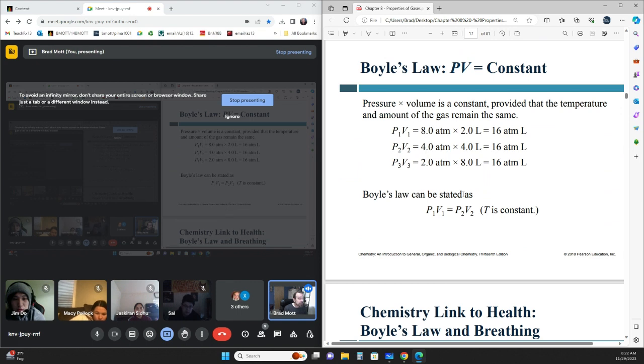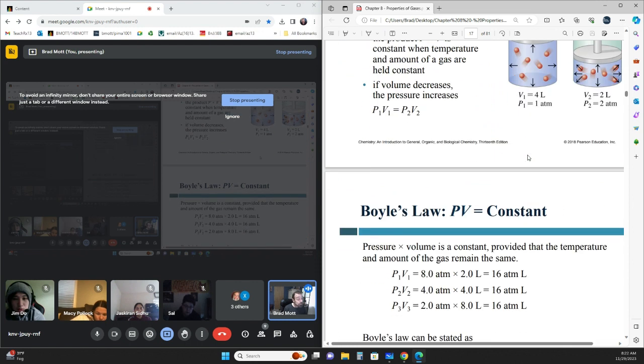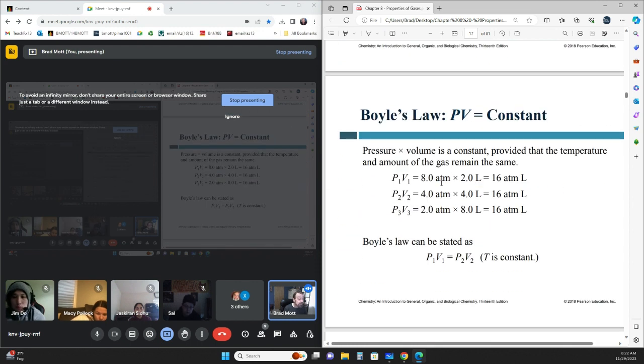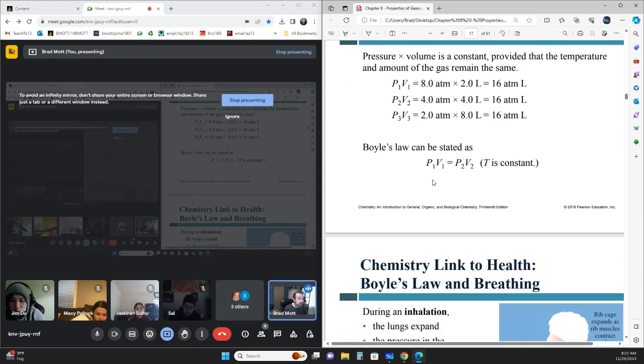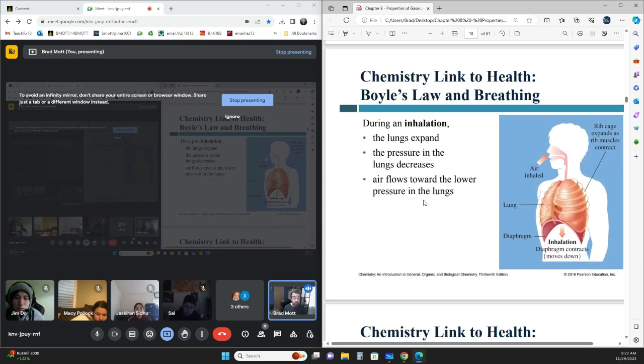This is just a restatement in mathematical form of what we saw here in visual form: as the pressure increases, the volume decreases. That's all I was saying. And there's Boyle's law: pressure 1, volume 1 is equal to pressure 2, volume 2. You're using this right now to drive air in and out of your lungs. As your diaphragm contracts and flattens out, it increases the volume.